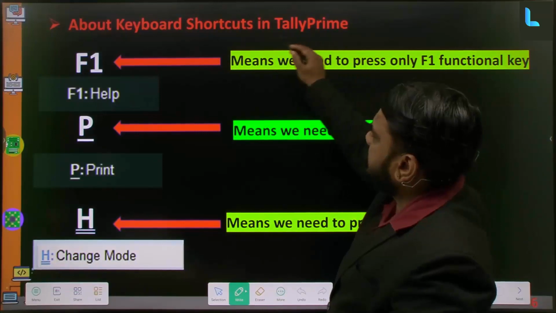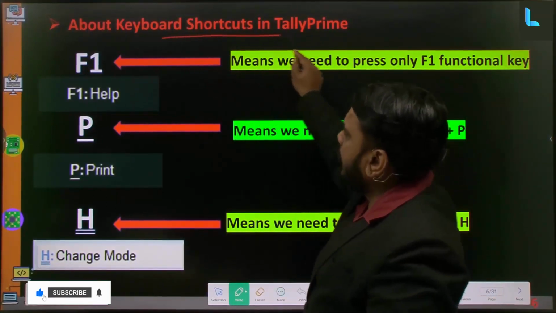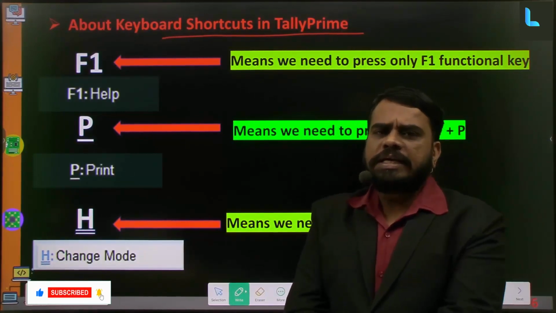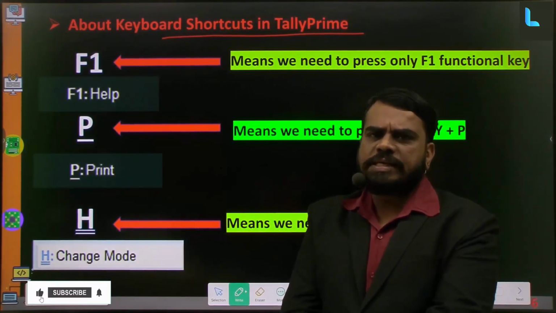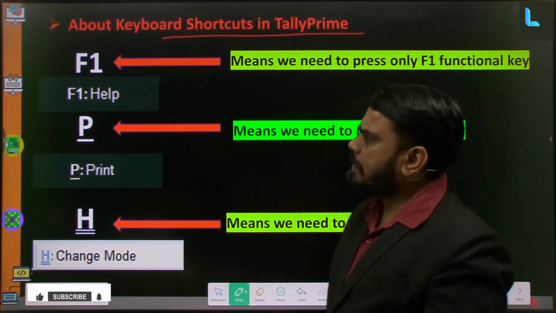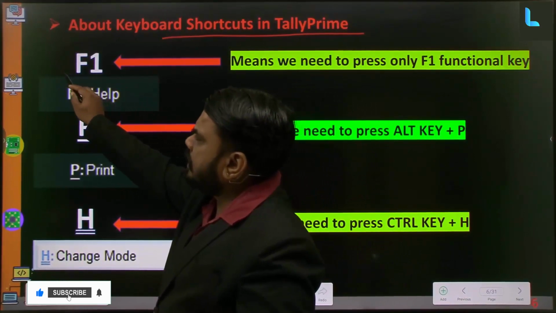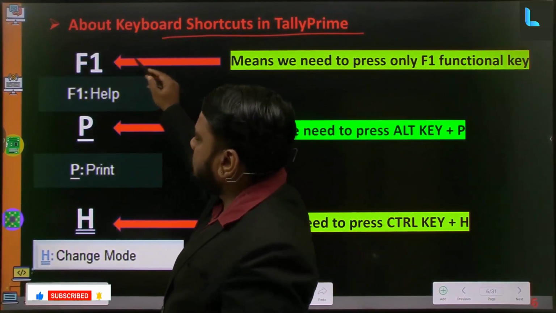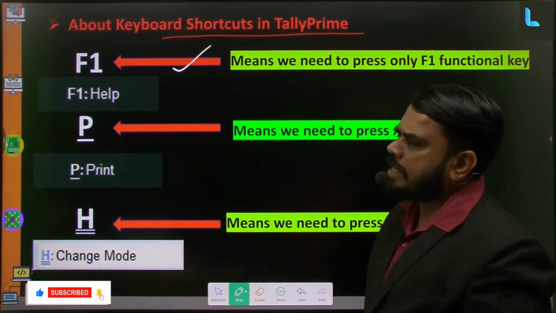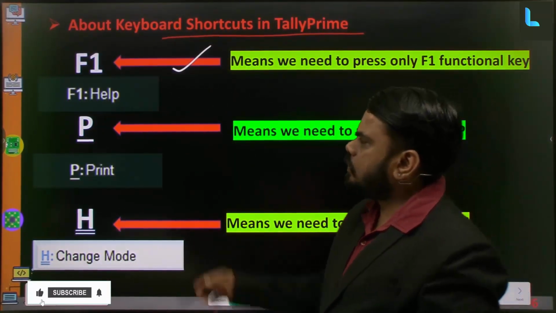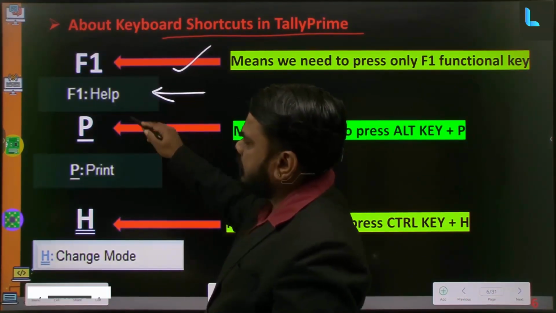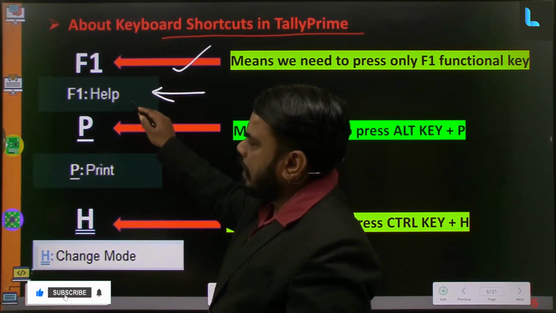Keyboard shortcuts in Tally Prime help us a lot in learning an easy method to access the screens or options in a faster and efficient way. Suppose you see a keyboard shortcut F1. F1 will be denoted in this way in Tally Prime, as F1 Help.